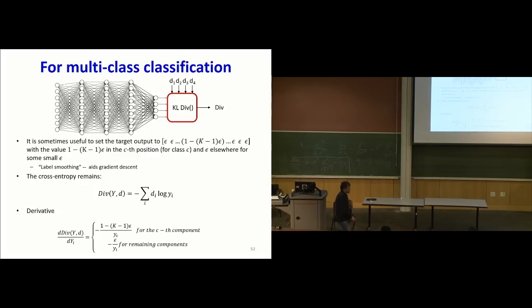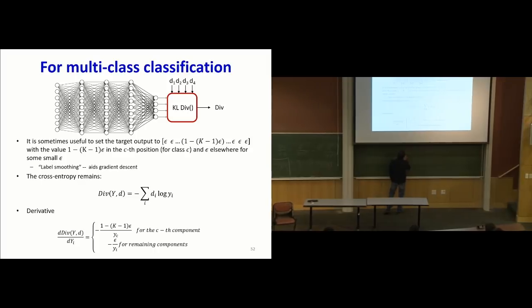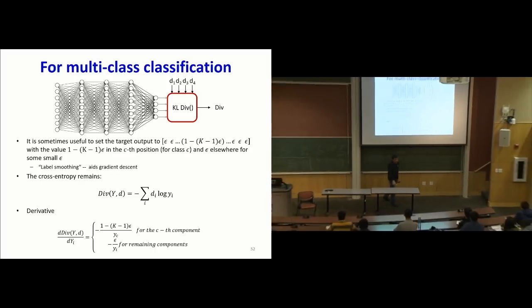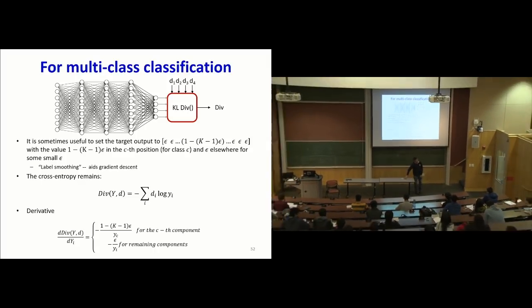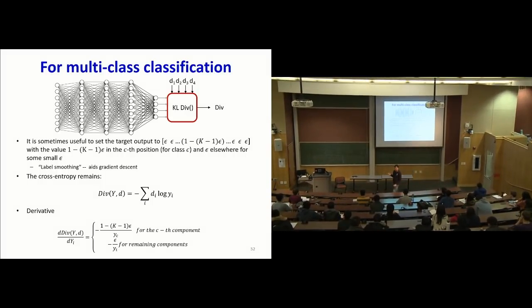Simply because when you actually get to the target value, if you give something of this kind, then your sigmoid can actually overshoot it, and so you actually end up getting gradients. It's a heuristic, it's a hack, but it works, right?